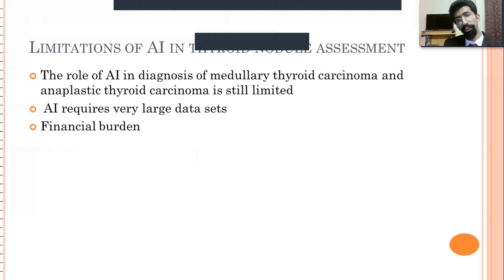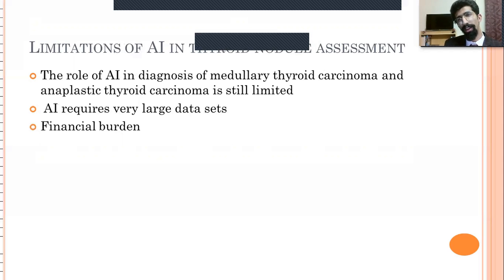Obviously, there are some limitations of AI in the nodule assessment. The use of AI for the diagnosis of medullary thyroid carcinoma and the anaplastic carcinoma is still very limited. For the training, as we have already discussed, the AI-based models are trained for the recognition of the patterns.